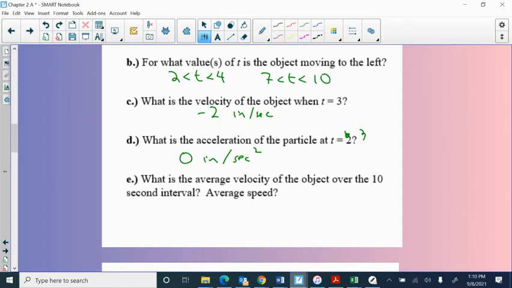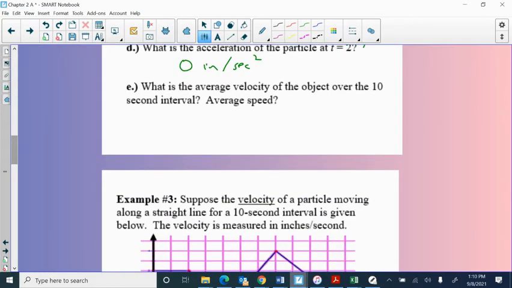Say it a little louder. Negative 0.2. How'd you get that? You look at the starting graph and find the slope of the entire thing. So the average velocity would be the velocity at 10 minus the velocity at 0, all over 10 minus 0.